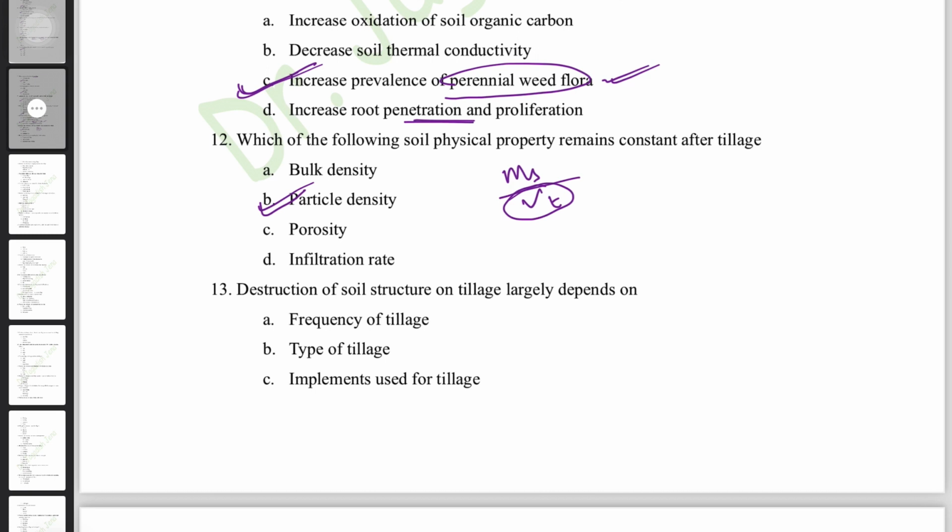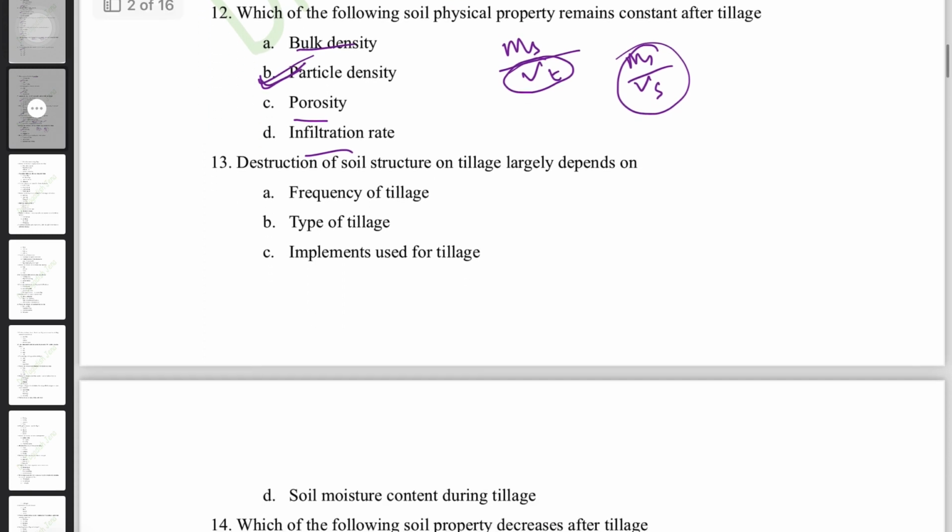When you are tilling the soil, the porosity increases, so it changes. But particle density is mass of soil by volume of soil solids, and the volume of soil solids will not increase after repeated tillage. Porosity will increase, infiltration rate will increase, and bulk density will decrease. So the right answer will be particle density.